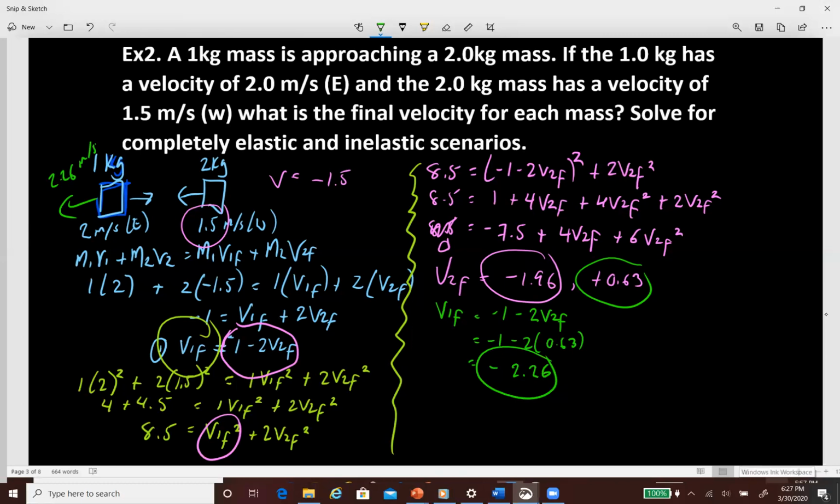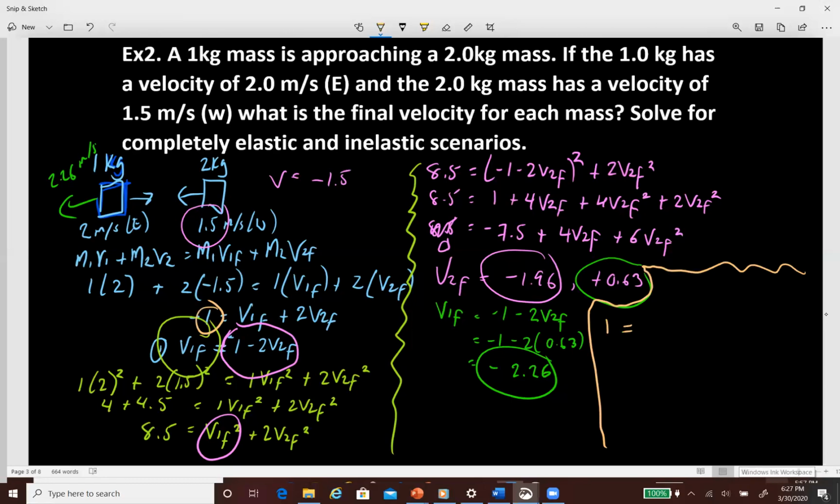Now, the inelastic scenario is definitely a lot easier. If you remember from before, in the inelastic scenario, the initial momentum equals the final momentum. We already know what the initial momentum is, right? We worked it out from before. The initial momentum is 1 from over here, and that equals the final momentum.